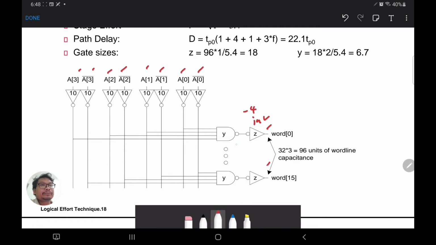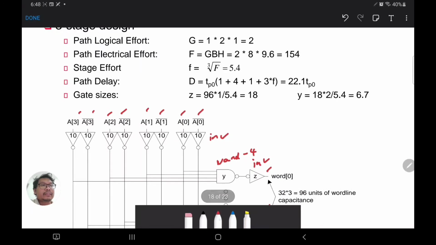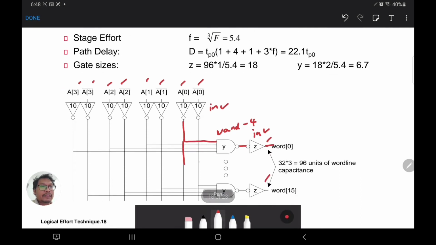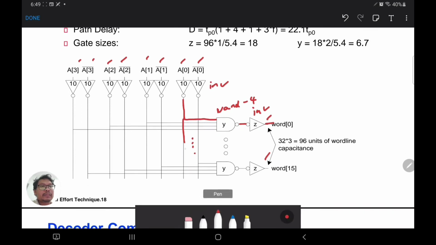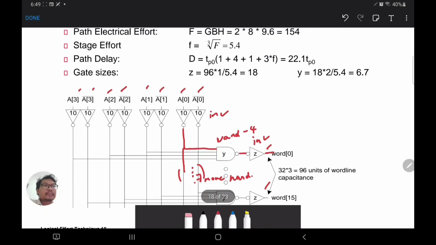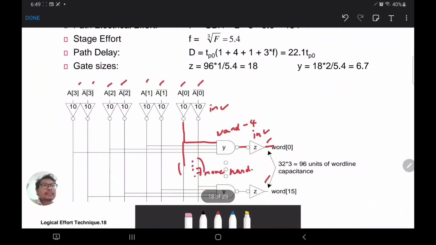Okay, so what is the path logical effort? We are looking at one line, so let's take this line. It's connected to 16, so it's connected to 7 more NAND gates.